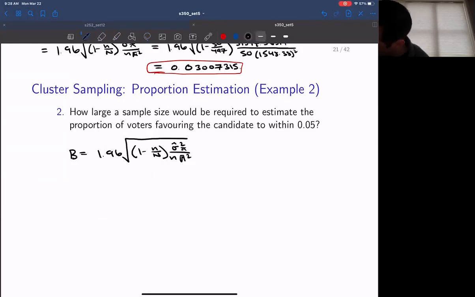So you'd have b squared over 1.96 squared is equal to 1 minus little n over capital N times sigma hat squared pi over n m bar squared.